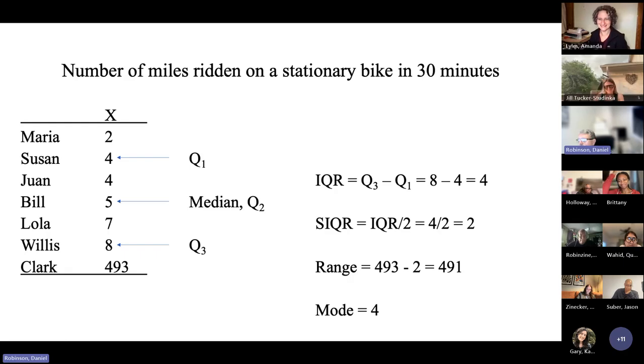The range in statistics is the distance from the lowest score to the highest score. Now, the range is very much affected by adding Clark Kent's 493 here, right? The range gets very much higher. But again, the range is really only appropriate when we're talking about nominal data.